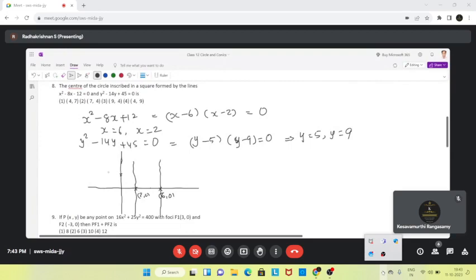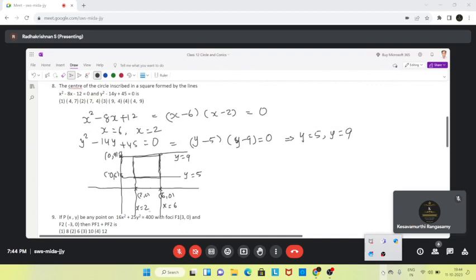Let's say y equal to 5. It's not drawn to scale, okay, so that's why it's not looking perfect. But the point is this. So these are the 4 lines: x equal to 6, x equal to 2, y equal to 5, y equal to 9.